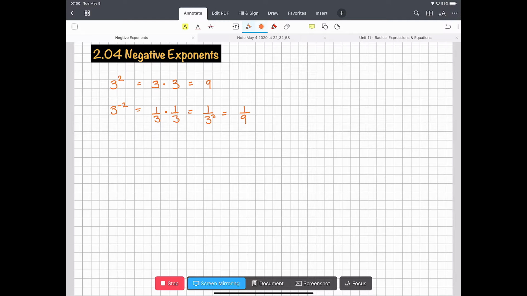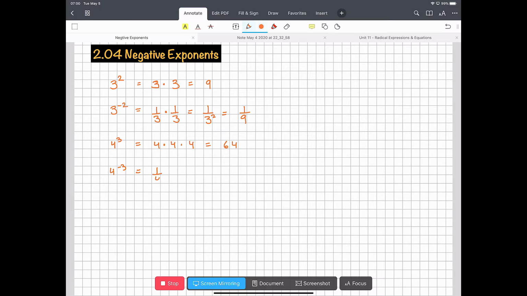So if we had, for example, one more example, 4 to the third, this would be the same as 4 times 4 times 4 in expanded form, which equals 64. 4 to the negative third would be repeatedly multiplying the reciprocals.